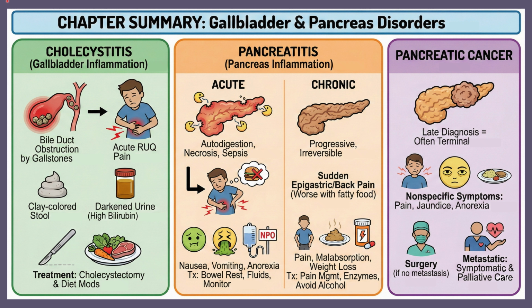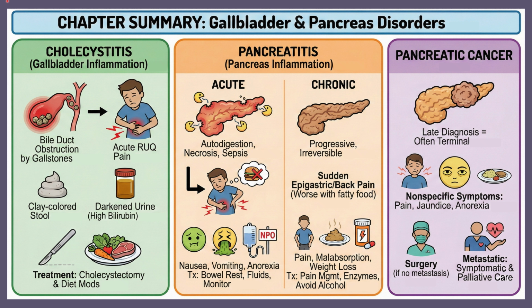Similarly, the vigilance required for post-procedural complications such as systemic inflammatory response syndrome following ERCP emphasizes the nurses' pivotal role in proactive monitoring and early intervention to ensure client safety and prevent adverse outcomes.